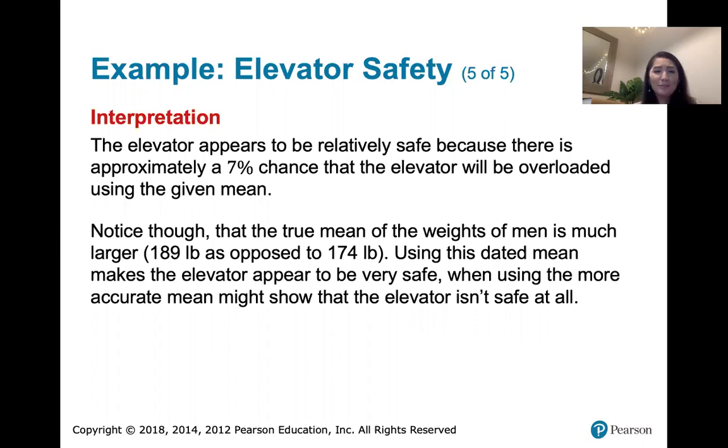The mean that we were given was 174 pounds. I guess men used to weigh about 174 pounds. That used to be the mean weight of men. But these days, it's closer to 189 pounds.